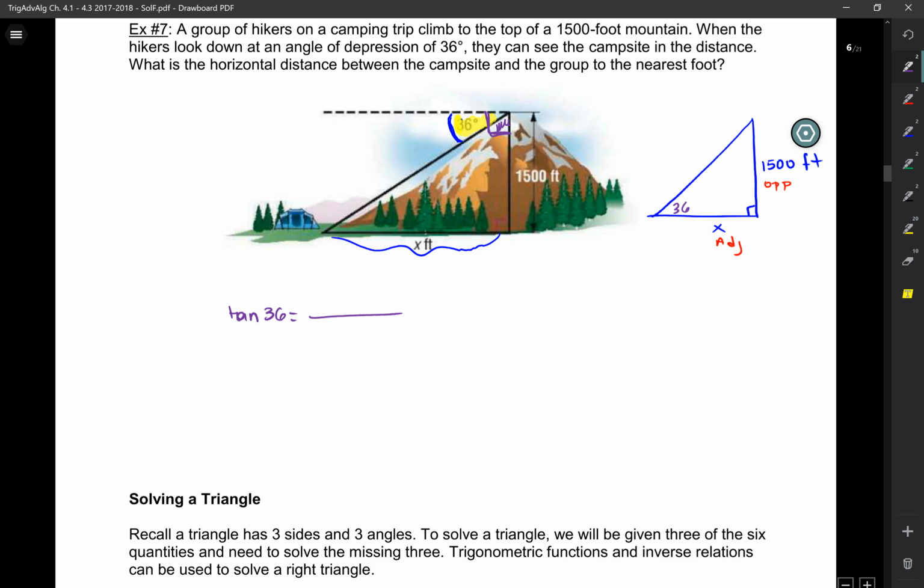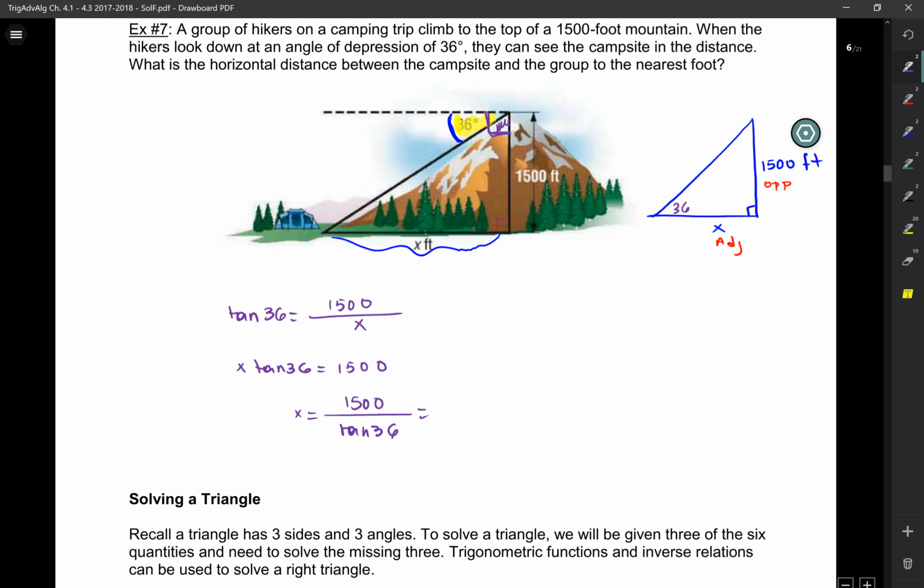I find that's the most common mistake students make, they don't put the angle there. So I always try to train everybody that it's tangent of an angle, all right? So it's tangent 36 equals 1500 over x. And now it's x tangent 36 equals 1500. So x is 1500 divided by tangent of 36.